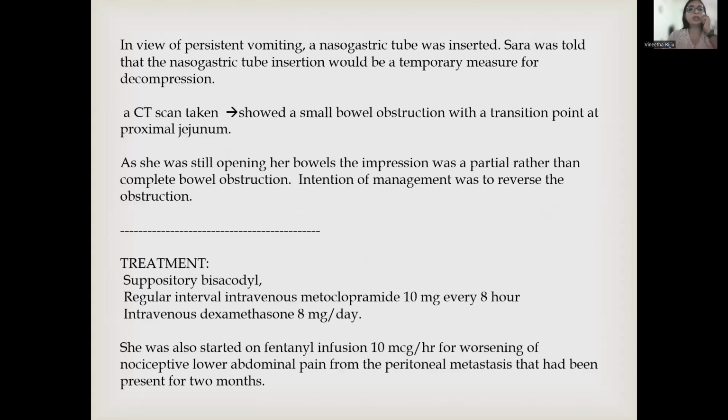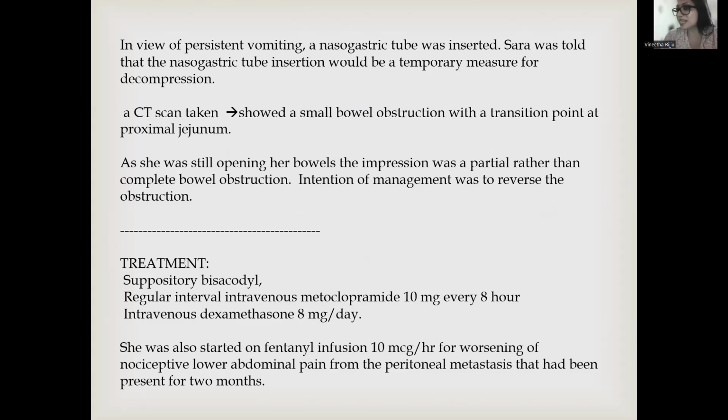So in view of the persistent vomiting, an NG tube was inserted for Sarah. Sarah was told that the nasogastric tube insertion would be temporary, just for relieving her, for decompression. Now a CT scan was taken for her, and it showed a small bowel obstruction with a transition point at the proximal jejunum.